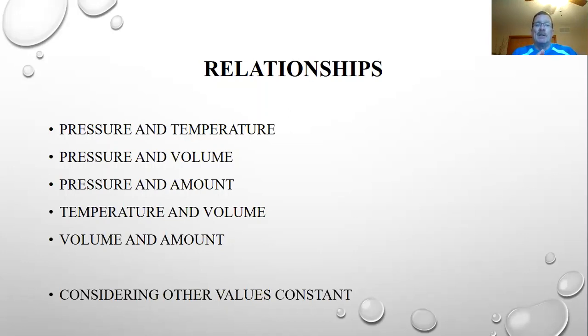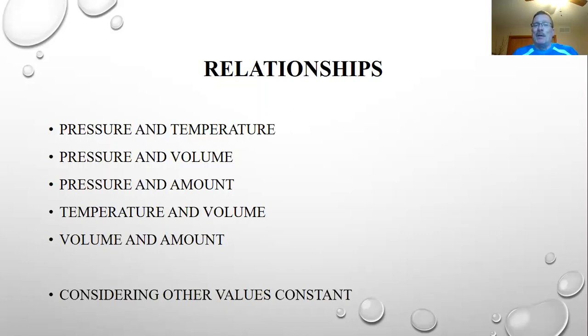Okay, so pressure and temperature is one comparison. Pressure and volume is another comparison. Pressure and amount is another comparison. We've already talked about those in factors that affect pressure. But then you can also compare temperature and volume. How does a change in temperature affect the volume? How about volume and amount?